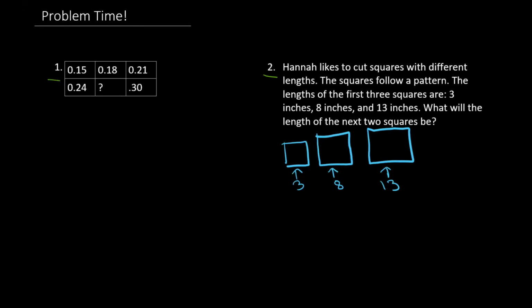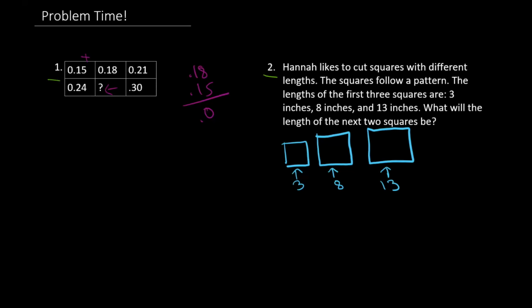I'm going to read the numbers from the first table: 0.15, 0.18, 0.21, 0.24, and we need to figure out this one and 0.30. Let's start by finding the difference between the numbers. 0.15 plus what equals 0.18, or 0.18 minus 0.15. 8 minus 5 is 3, 1 minus 1 is 0.